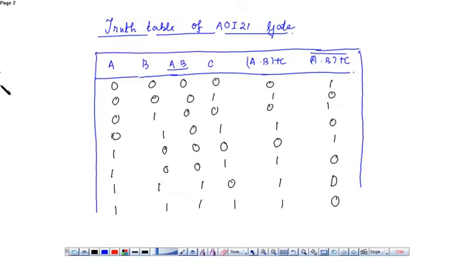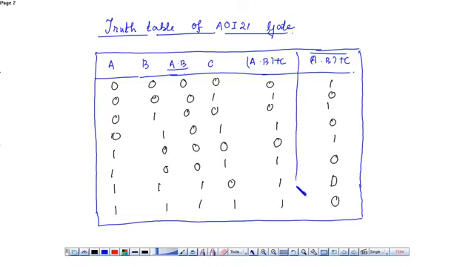Okay, now this is the truth table of an AND-OR-invert gate.